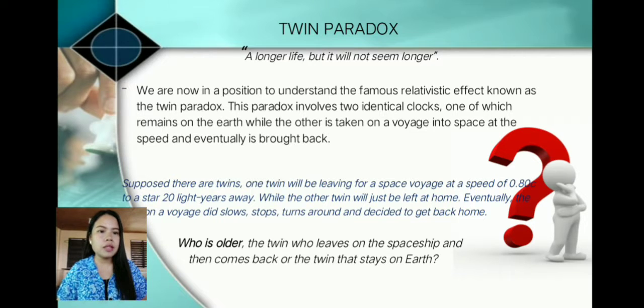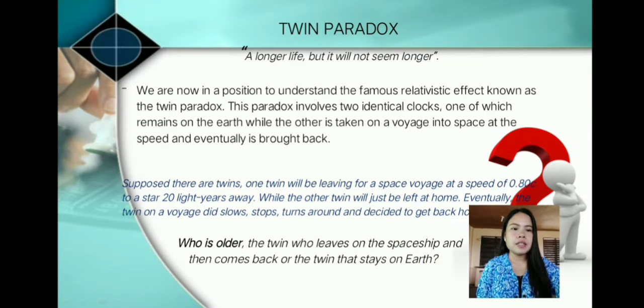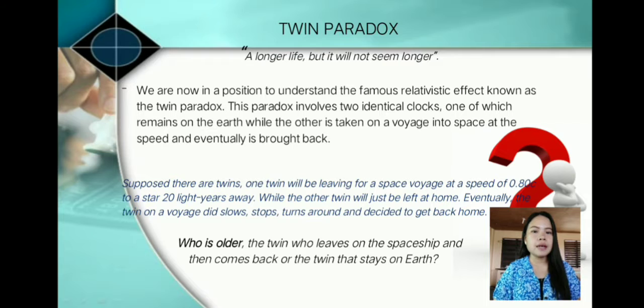So I have here a dilemma for us to give an example and guide our discussion. It says, suppose there are twins. One twin will be leaving for a space voyage at a speed of 0.80 c to a star 20 light years away, while the other twin will just be left at home.